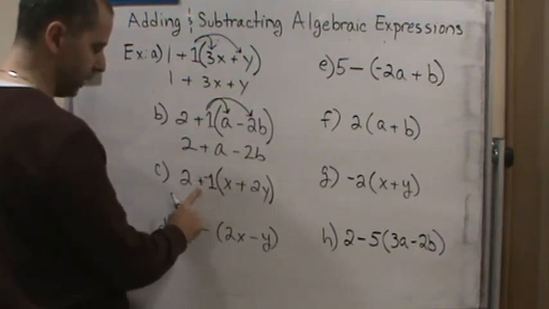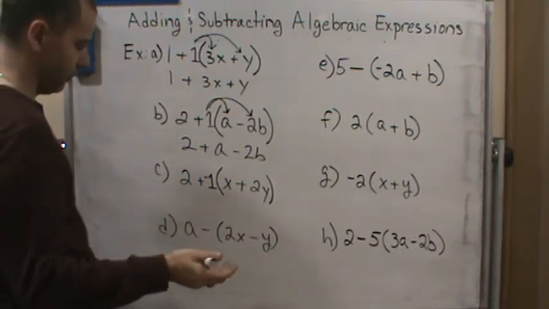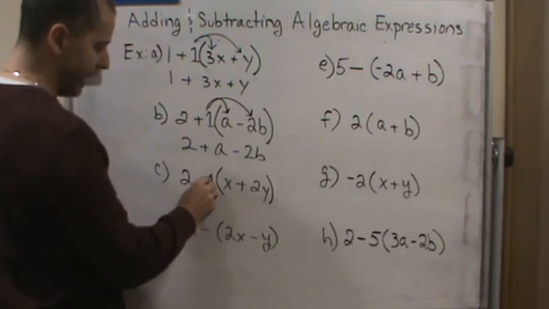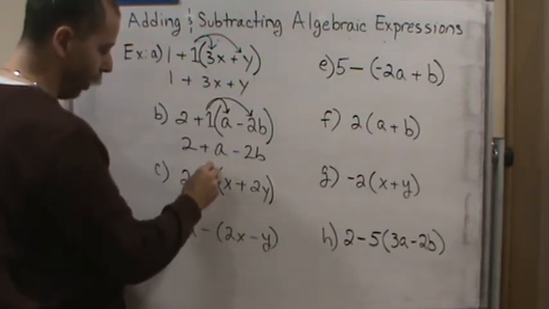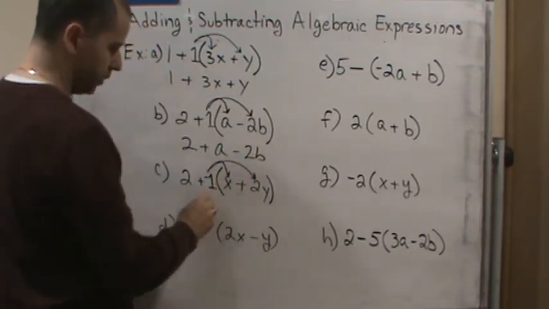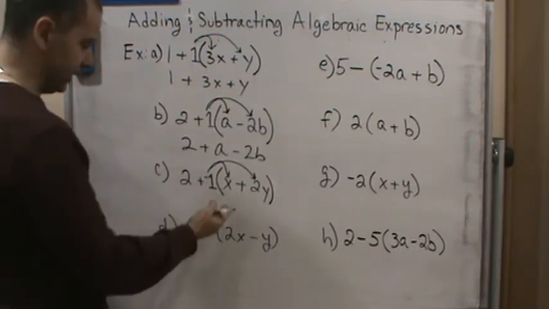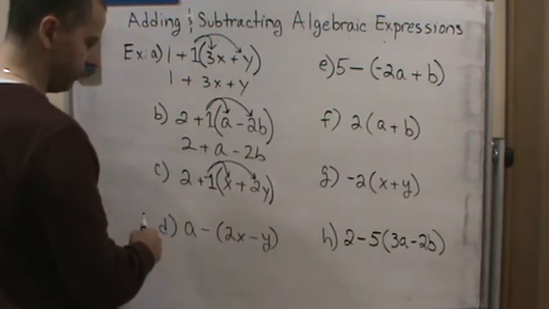If I change it to a plus, to an addition problem, which is totally fine, I can do that. Well, what does that mean? It's now I'm going to be distributing not 1, but I'm going to be distributing -1 to both of these. So what happens? Well, effectively, it changes the sign of each one.